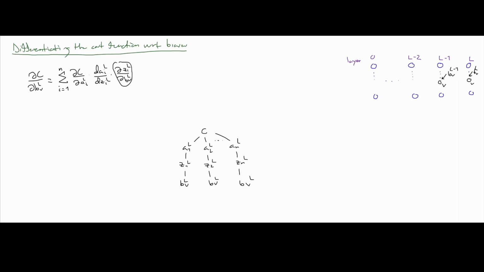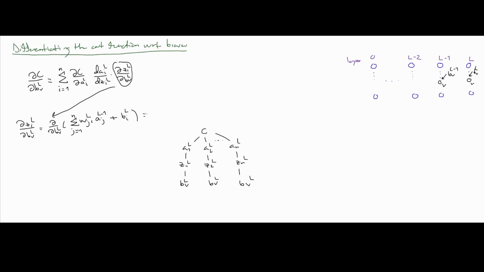Now we can break this derivative down further here, and we get that the partial derivative of the weighted input at the output layer with respect to the bias at the v neuron is equal to the partial derivative of the linear combination which makes up the weighted input. So this would be the weight going from some neuron j to neuron i in the output layer multiplied by the activation in neuron j of the previous layer. And then we add a bias term for the i neuron.